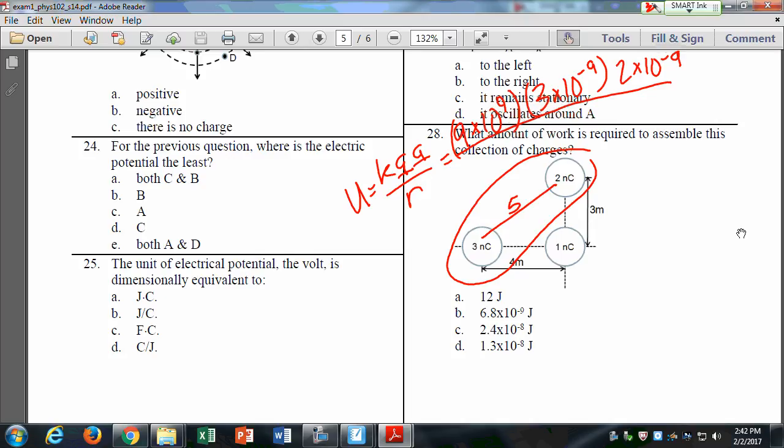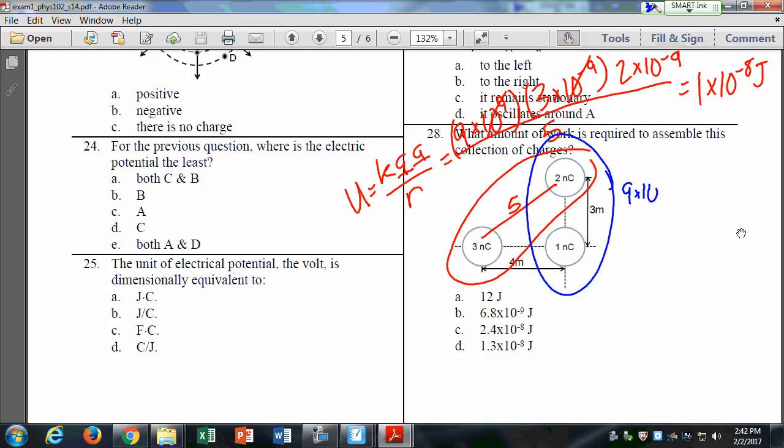You can use your Pythagorean theorem if you're not certain about that. And so that cancels, that cancels. We have 18 times 3 is 54, times 10 to the minus 9. I get 1 times 10 to the minus 8. That's in joules.